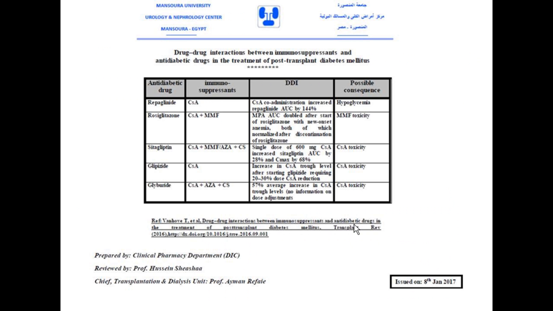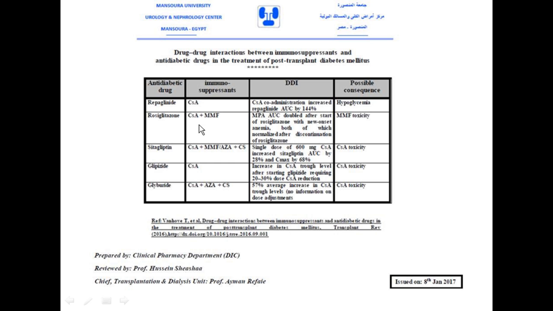This is from the Urology and Nephrology Center, on drug-drug interaction between immune suppressants and diabetic drugs in the treatment of post-transplant diabetes. This was done by the clinical pharmacy department at the Urology and Nephrology Center. If repaglinide is used with cyclosporin, the risk of hypoglycemia is there.